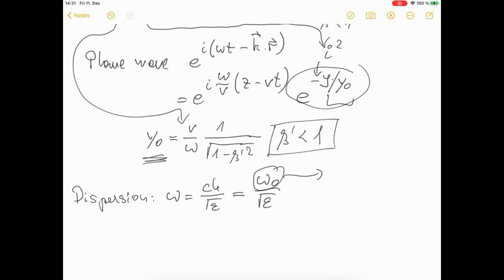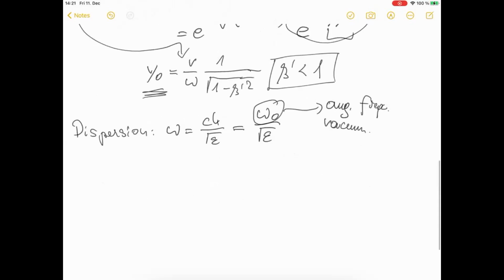That's the angular frequency that a wave would have with wave number k if it traveled in vacuum. We are not in vacuum, but we nevertheless use this quantity.